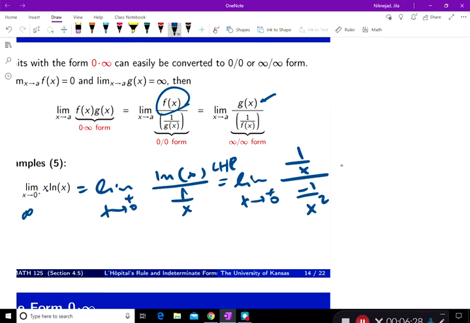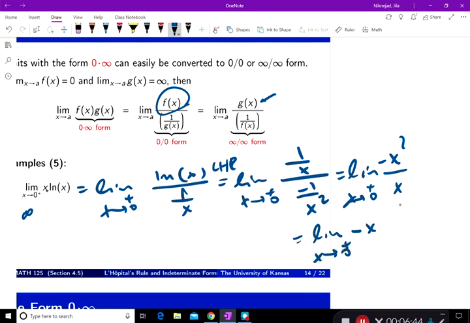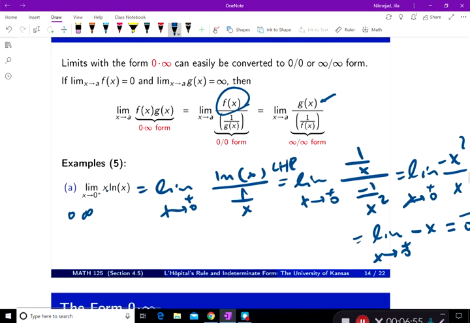Simplifying here gives me negative x squared over x, which is negative x as x approaches 0 from the right, and that's equal to 0. And so the answer to this is going to be 0.